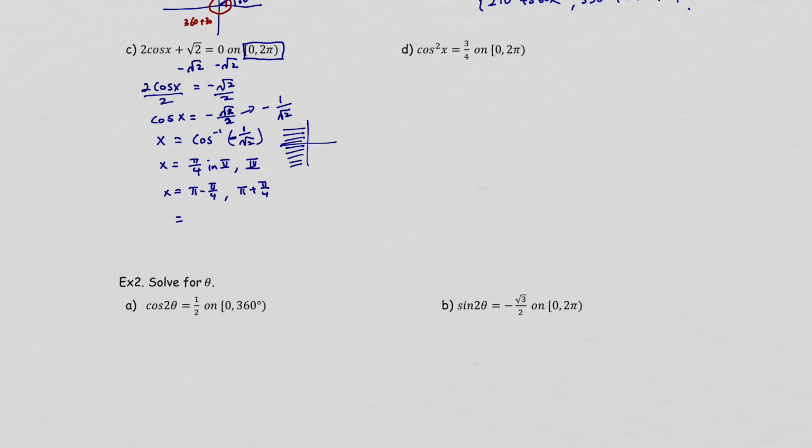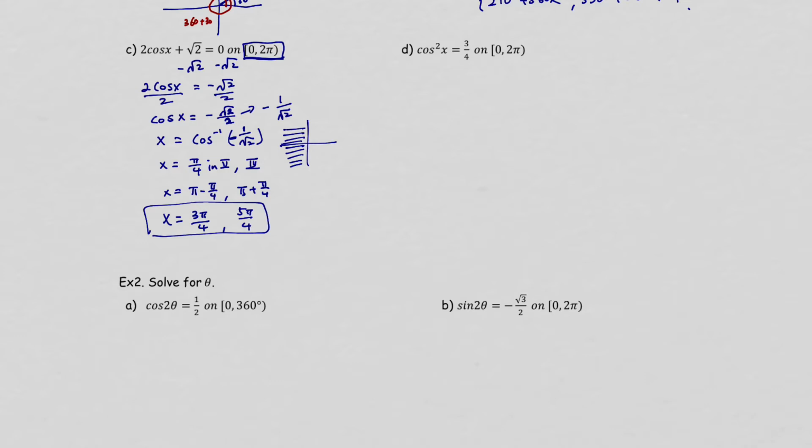That gives you pi is 4 over 4, so it will be 3 pi over 4. That's another 4 over 4 plus 1, which will be 5 pi over 4. And those values right here are within one unit circle, 0 to 2 pi.